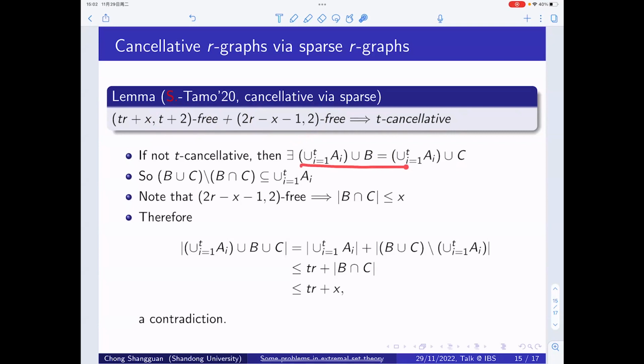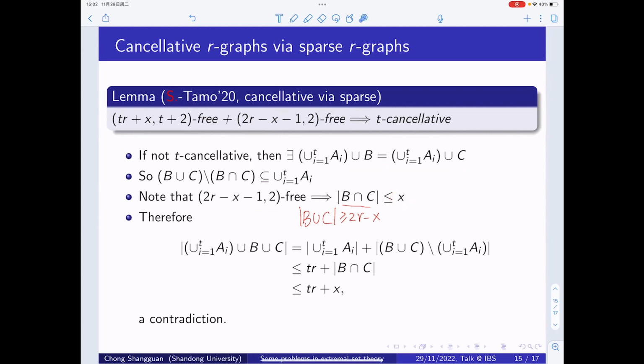Therefore, given this equality, we have that the union of B and C, set minus the intersection of B and C, must be contained in the union of the A_i's. This is because of this equality. So note that the graph is (2r-x-1, 2)-free. Namely, the union of B and C has size at least 2r-x. This implies that the intersection of B and C has size at most x.